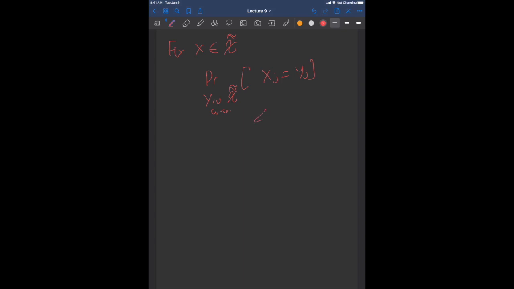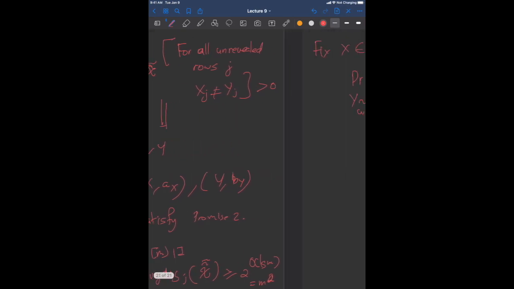I claim that this probability is very low. And how low? This is at most 1 over the average degree_j of X tilde tilde. Okay, and if you believe me on this, then we can actually complete the proof.